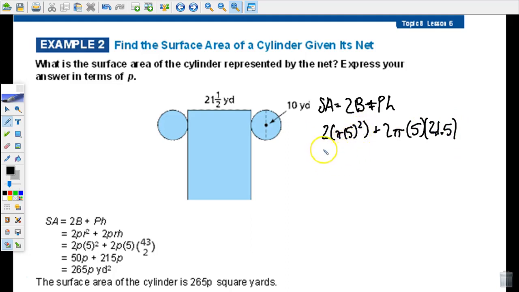So start working it out. 5 squared is 25, so 2 times 3.14 times 25 plus 2 times 3.14, and then 5 times 21.5 is 107.5.